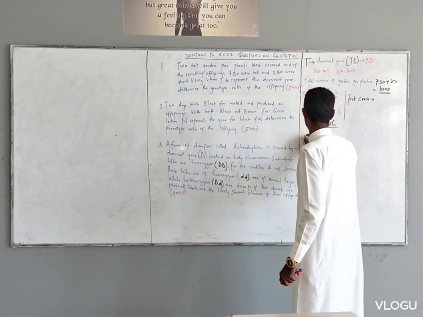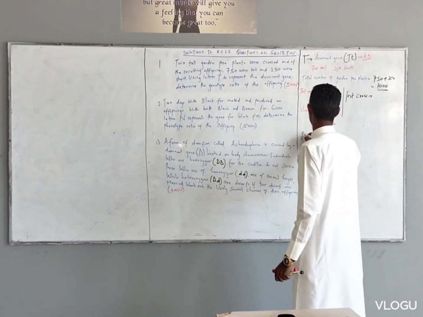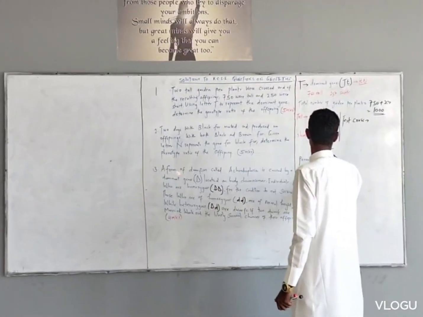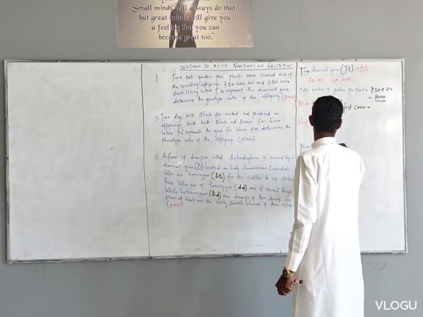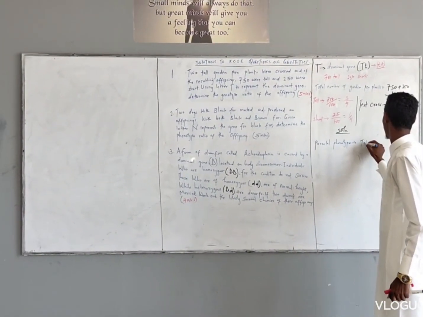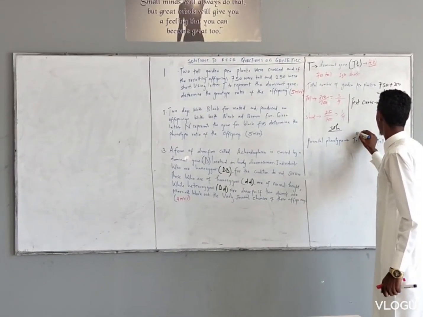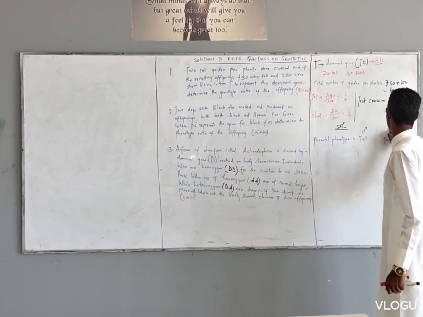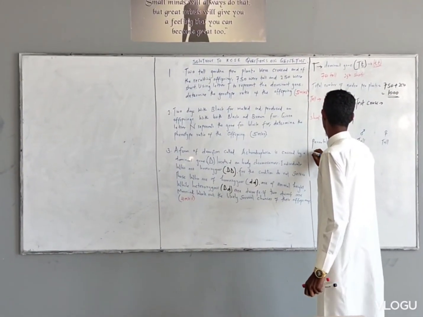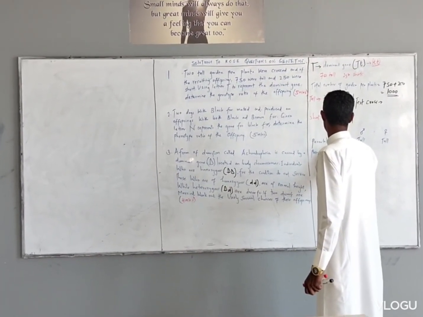Parental phenotype is tall. Let's say this is the male, this is the female. We also have the parental genotype.